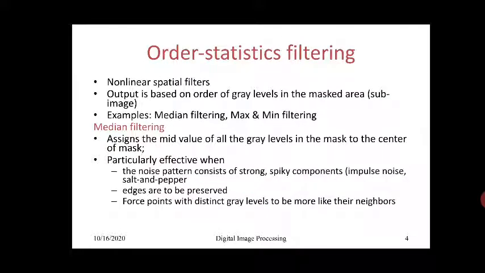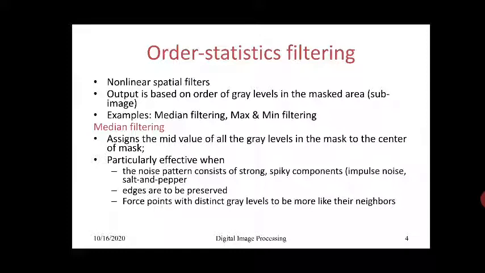The next filtering we are using is order statistics filtering. Many are available: max, min, and the median. These are all non-linear spatial filters. Why do we call them non-linear?